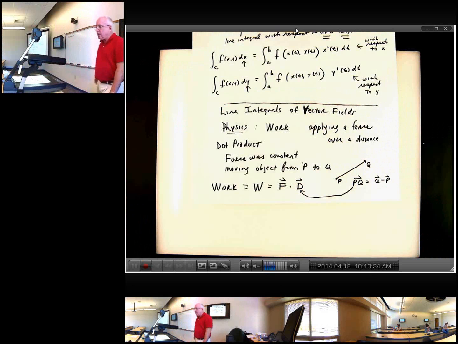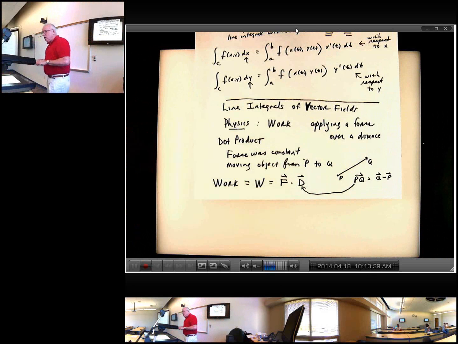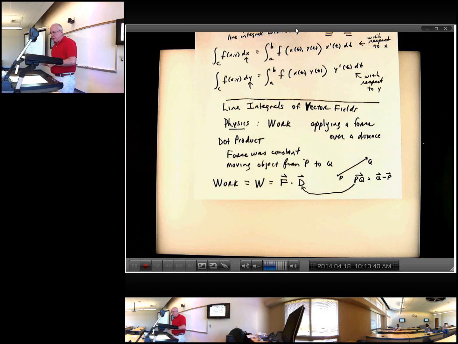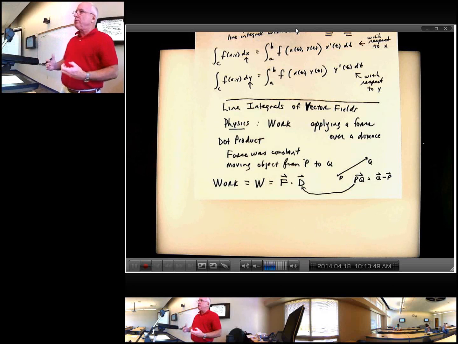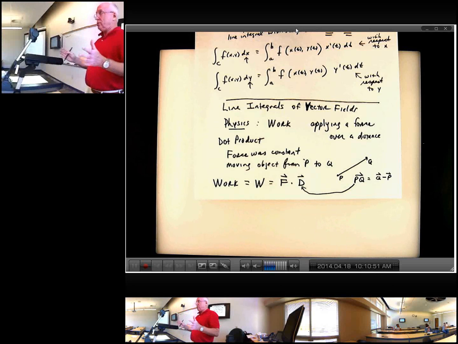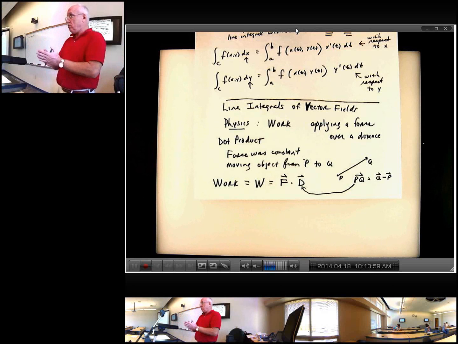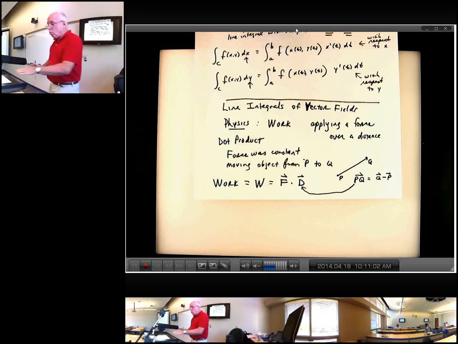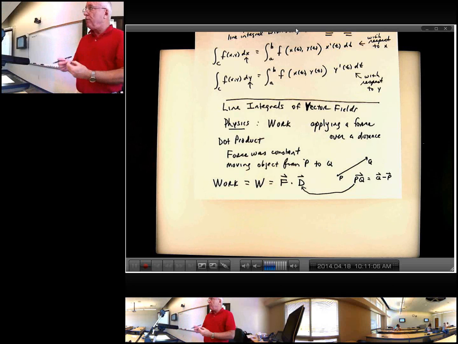Basically, what this means is that when we're applying a force to something and moving it in a direction, the only part of the force that counts is the part in the same direction as where we are moving. When we do this dot product, we only apply that part of the force along where we are moving.